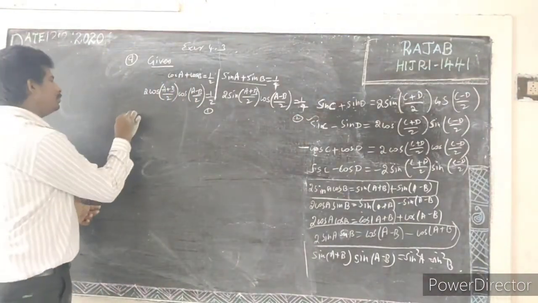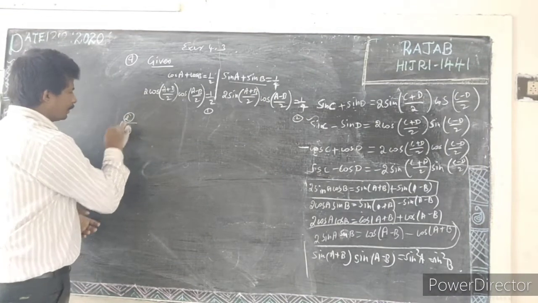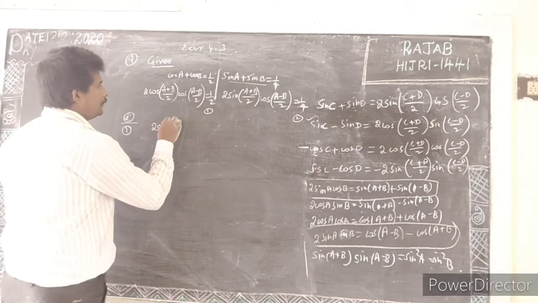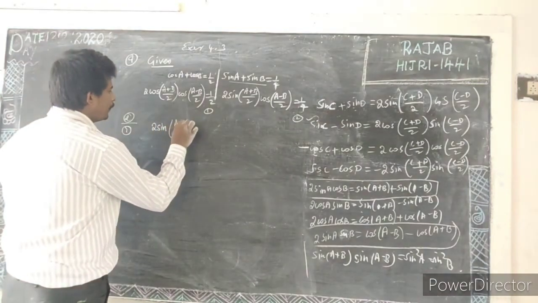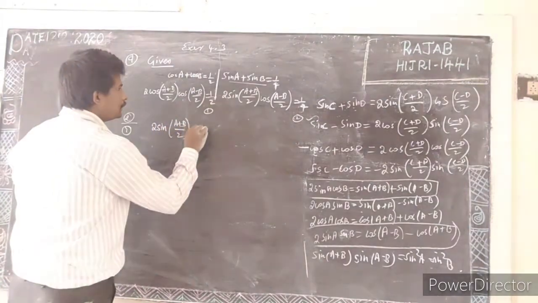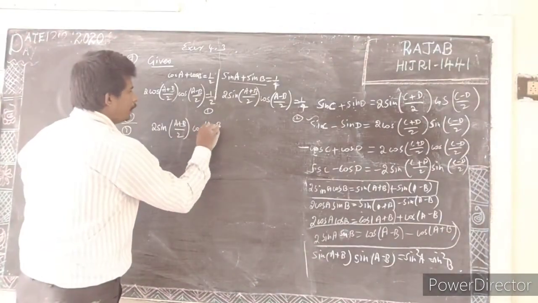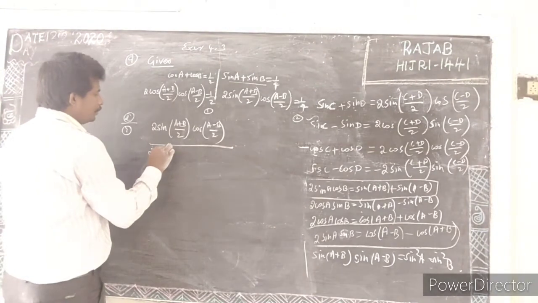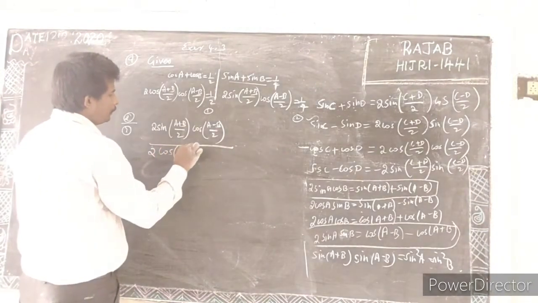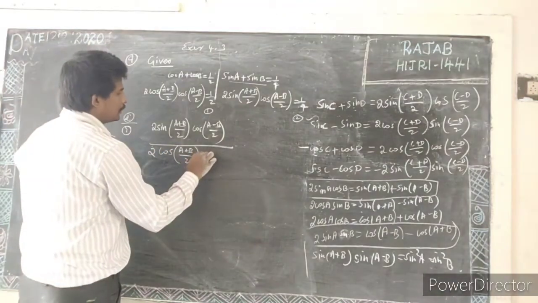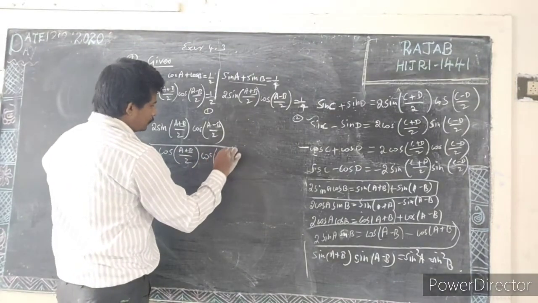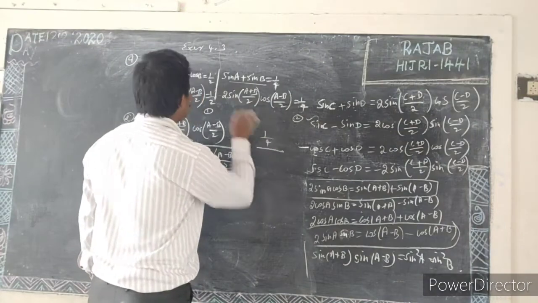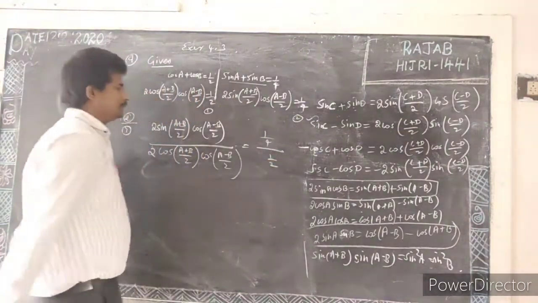Here I am going to divide equation 2 by 1. So what will happen? 2 sin (A plus B) by 2 cos (A minus B) by 2 divided by 2 cos (A plus B) by 2 cos (A minus B) by 2 equal to 1 by 4 divided by 1 by 2.